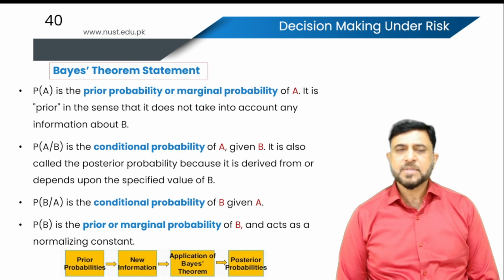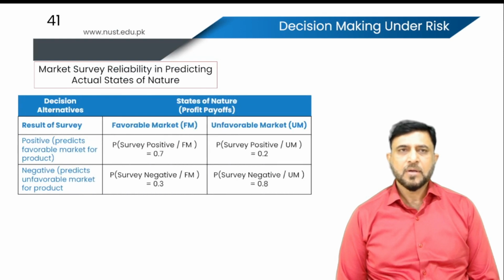These are the steps. First of all, we know the prior probabilities. With the help of these prior probabilities, we make our data, we get information, and then we apply Bayes' theorem on the data and we get posterior probabilities out of it. These are the simple steps of Bayes' theorem.